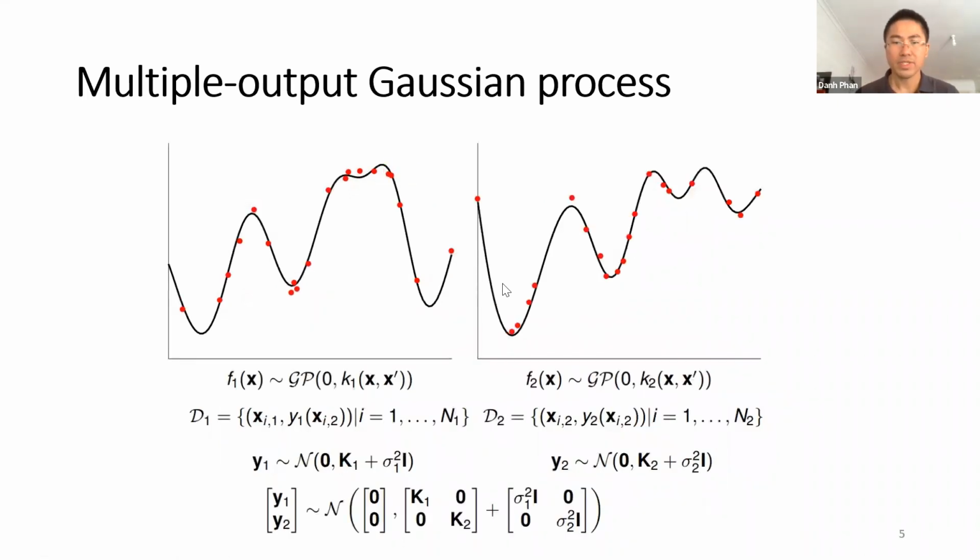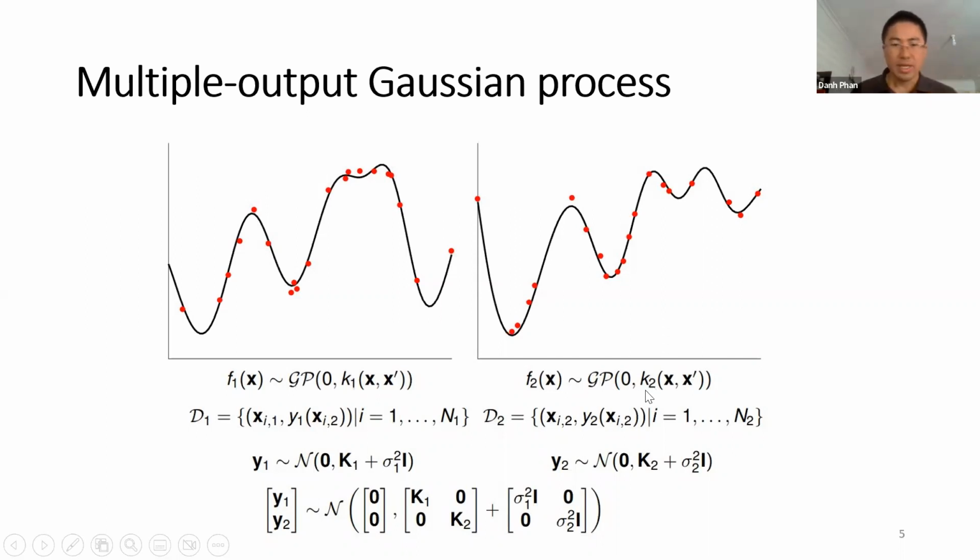If we have, for example, 2 data sets, D1 with N1 elements and D2 with N2 elements, we assume that F1 in data 1 will be modeled as a Gaussian process of kernel K1, and F2 will be modeled as a Gaussian process of kernel K2.